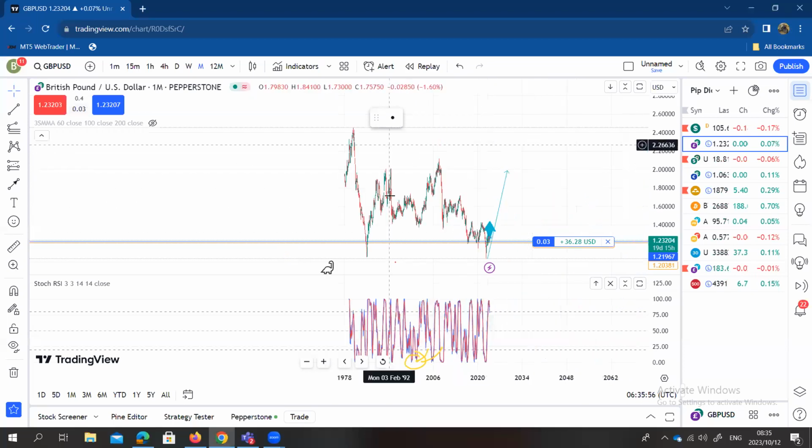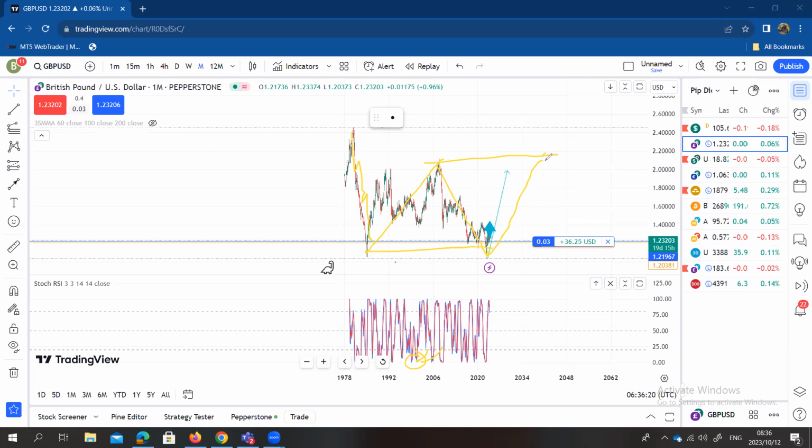Okay, so also this pair has got an impulse to the downside. This should be 5 waves, right? Followed by a 3-wave correction, wave 1, wave 2. I'm expecting a wave 3 to give us at least a regular flat, but it doesn't always have to be a regular flat.